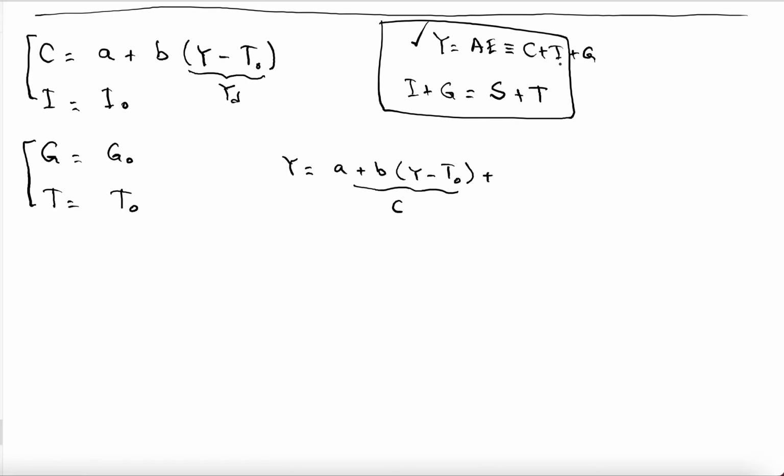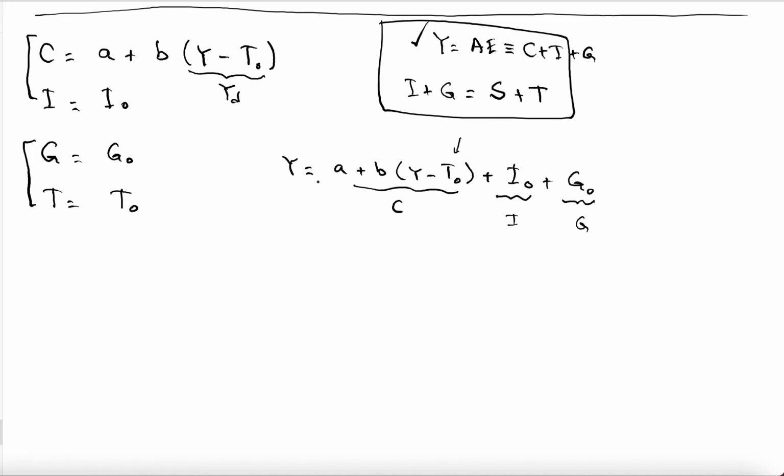Then the next is I, which is I0, and the next is G, which is G0. Where does the tax go? Tax goes inside the income. In order for consumers to decide how much to spend, they have to pay the tax first. So take out the tax, and then the consumption function would look like this. So this is the I, this is the G.